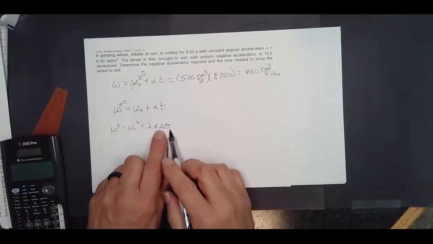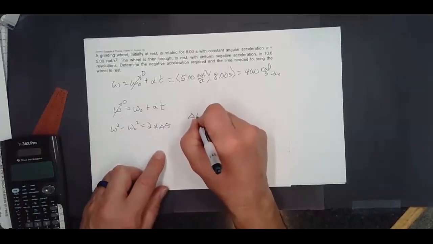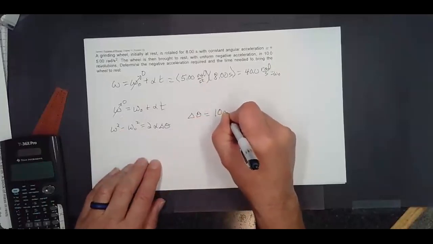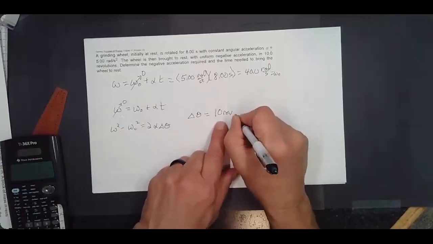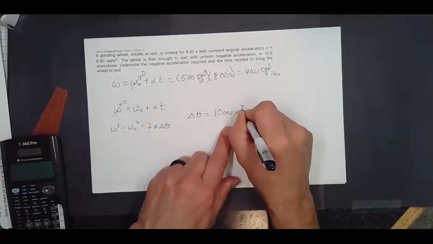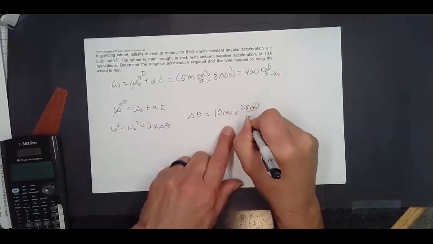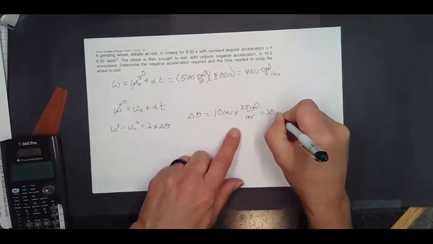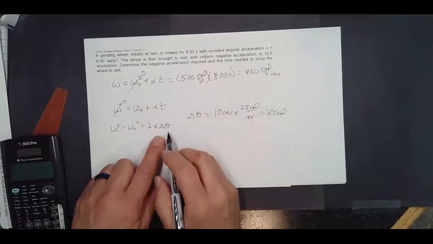It goes through 10 revolutions, but I need radians, so I multiply by 2 pi radians per revolution and get 20 pi radians. That's what delta theta is.